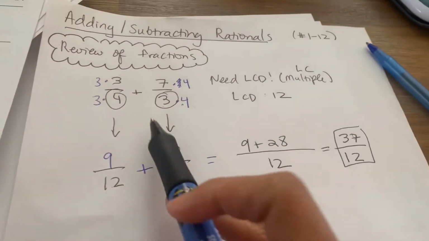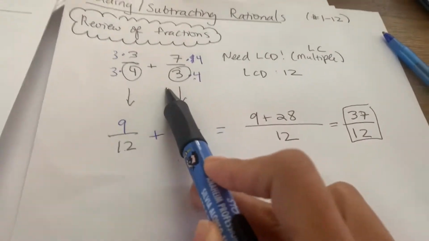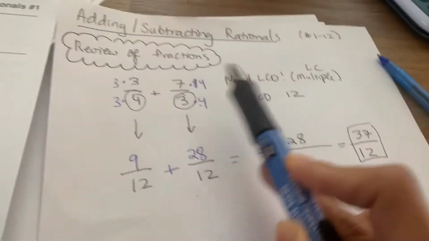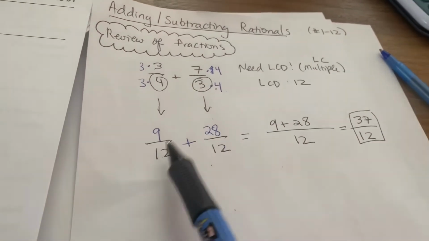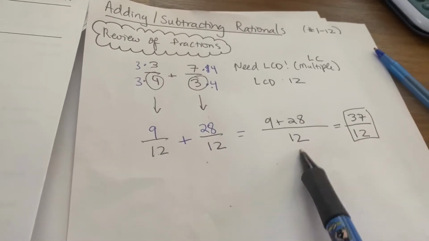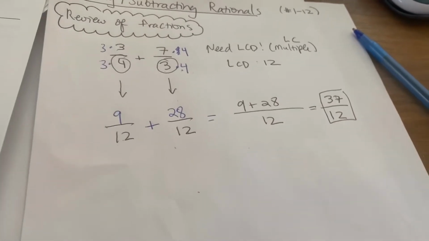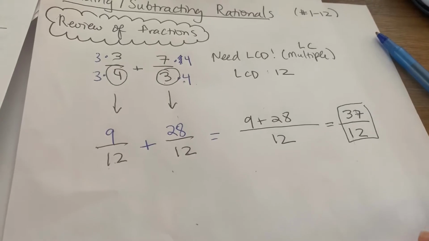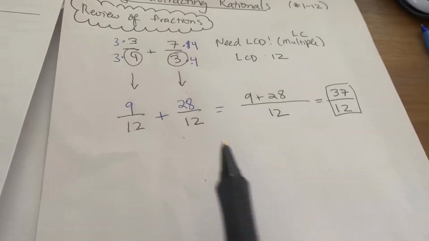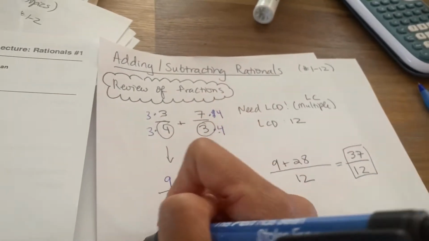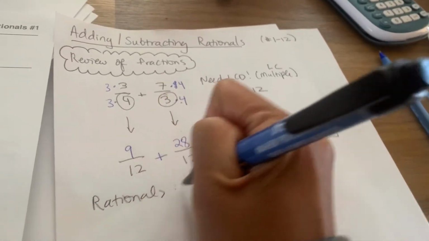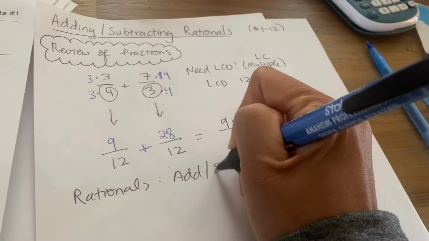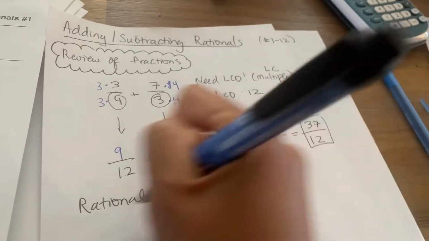So that's how you add or subtract fractions. You need a lowest common denominator, you rewrite the fractions with the new LCD, you add the numerators, and you keep the denominator the same. One of the things I love about math is that it's so consistent with its rules, because when we add and subtract rationals, it's going to follow very similar rules as well.